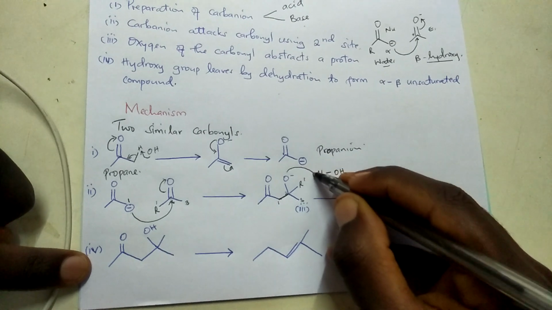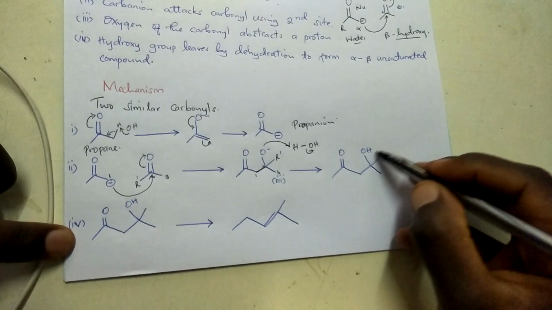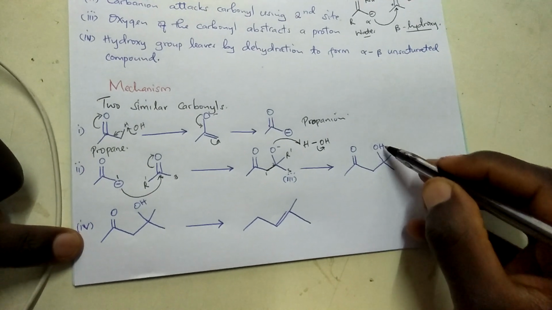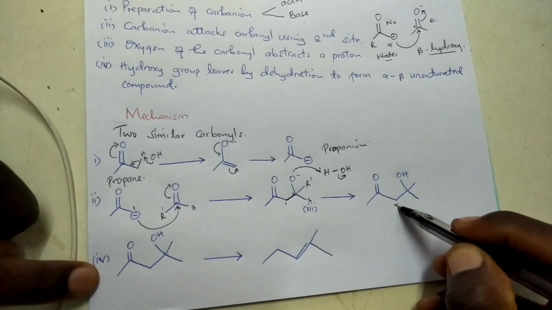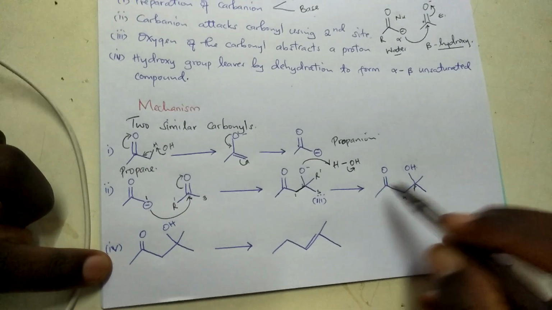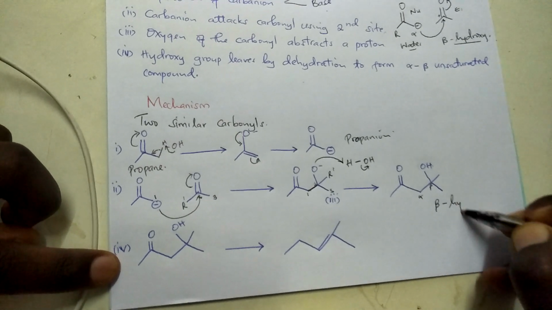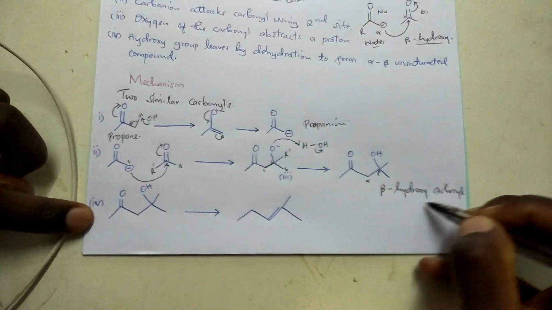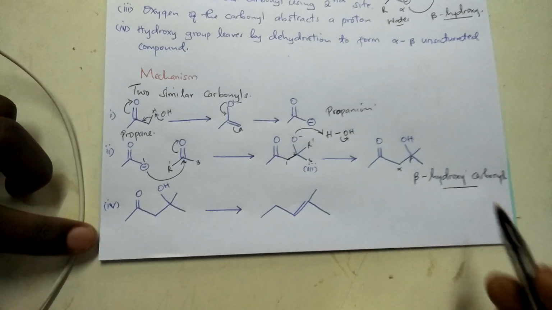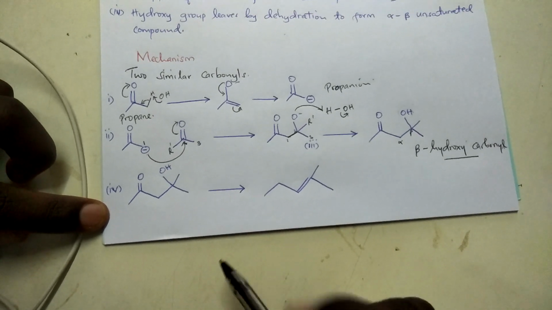So it abstracts a proton like this to form the hydroxy. But the hydroxy is at the beta position from the carbonyl. So this is carbonyl, alpha, beta. And this is now the product we are calling beta hydroxy carbonyl.